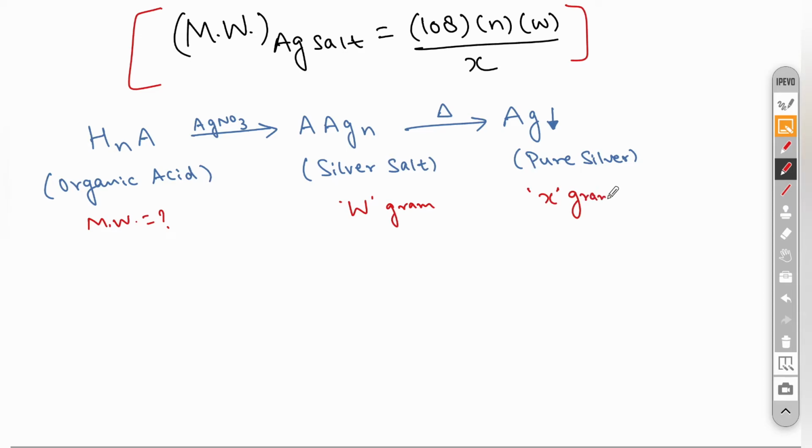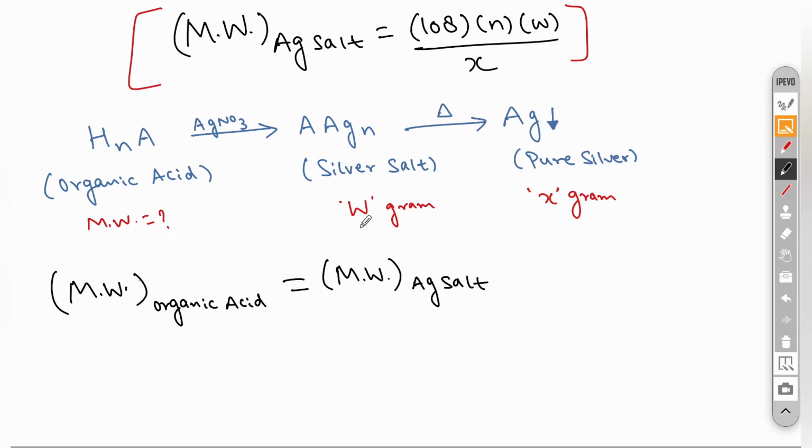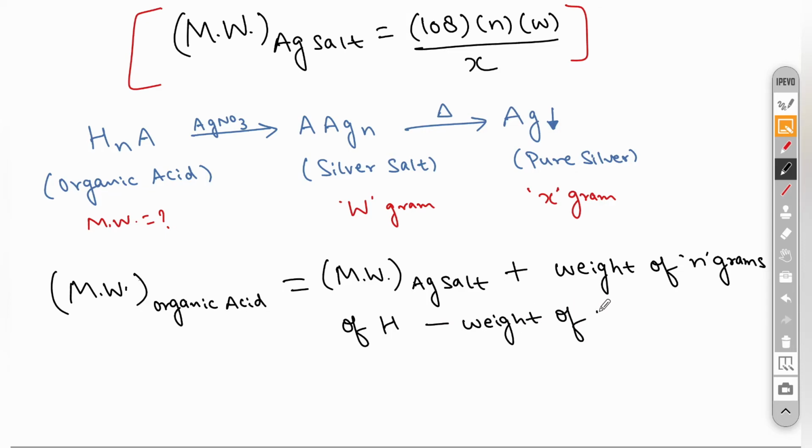Now the molecular weight of the organic acid will be equal to the molecular weight of silver salt plus the weight of n grams of hydrogen, because there are n hydrogens present, minus the weight of n grams of silver.